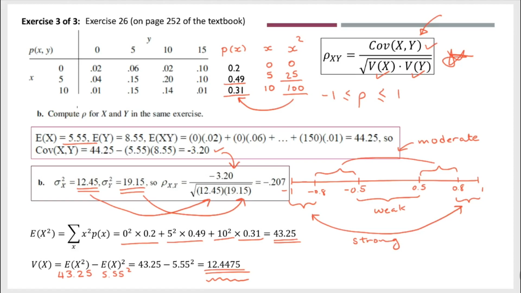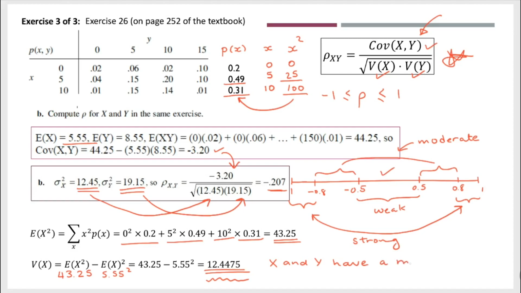So the answer for this question, what I would be looking for is, I want you to comment now. You need to mention the strength, the direction, and you also need to explicitly say that you are measuring a linear relationship. So how you'd write it, you would say that x and y have a, and in this case, is it strong, weak, or moderate? Here it's 0.2, so it lies in this region.